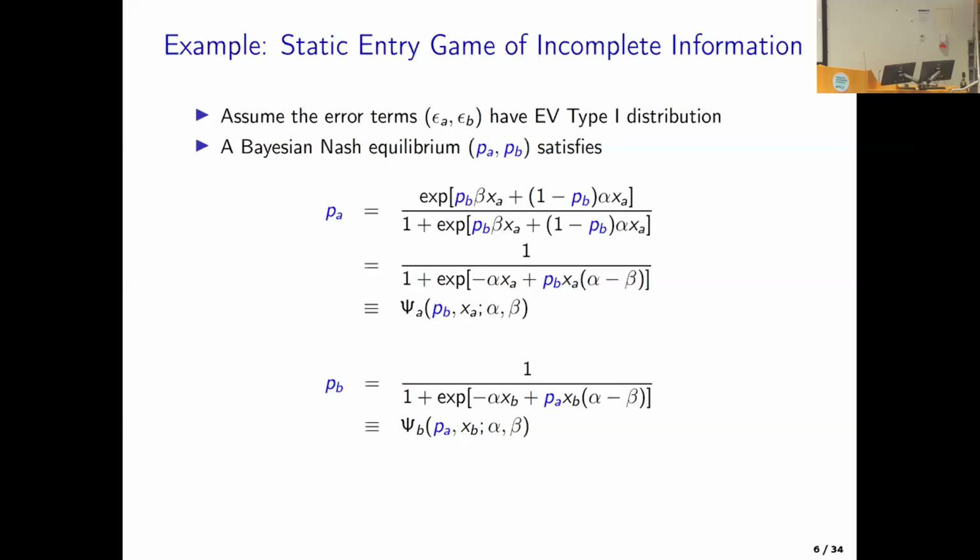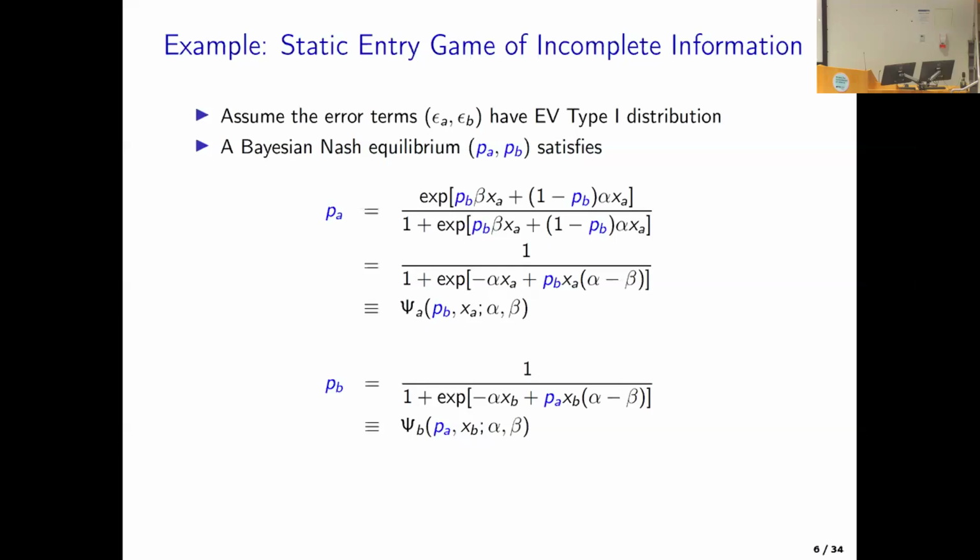These best response mappings hold for both firms. You're going to have one for firm A and one for firm B, and we can rewrite this a little bit, massaging the logit formula, but in the end, it's a mapping from choice probabilities of your opponent to your optimal choice probabilities. And of course, all this depends on the parameters. So every time you change parameters, you change these probabilities.